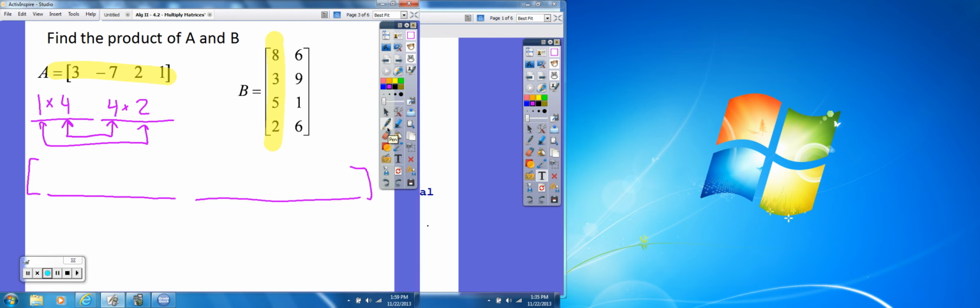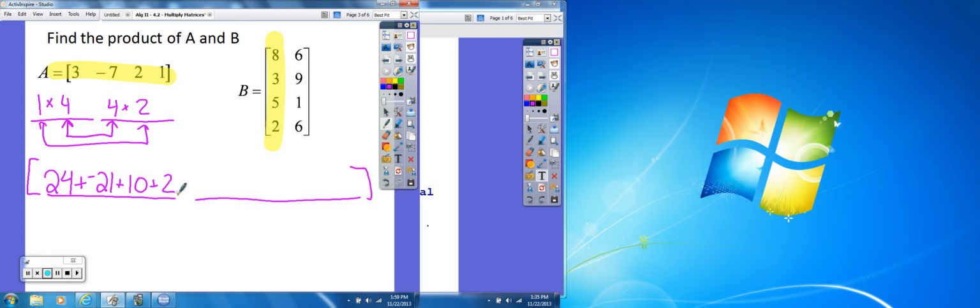So I'm going to take 8 times 3, which is 24. And then I'm going to add, I just go to the next spot, negative 7 times 3. And then I'm going to add, I go to the next spot, 2 times 5. And I go to the next spot, 2 times 1.